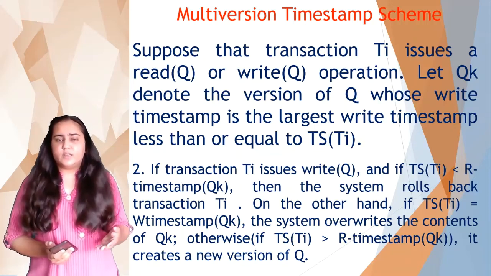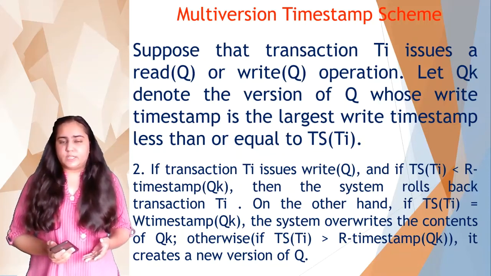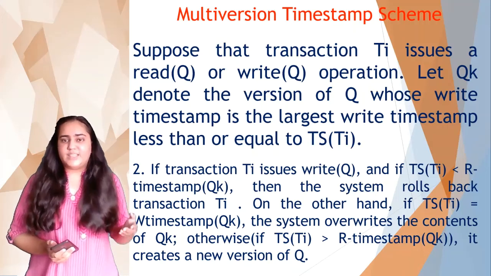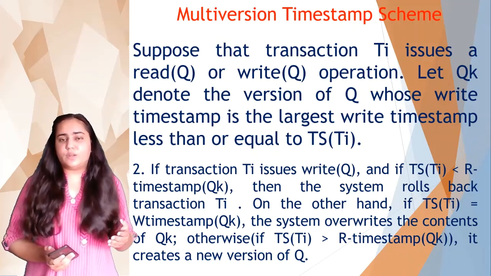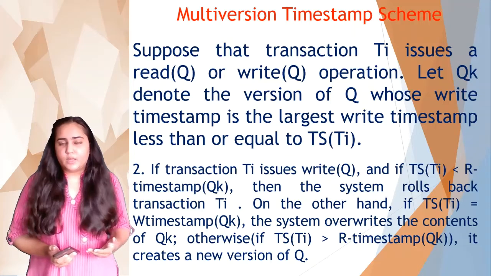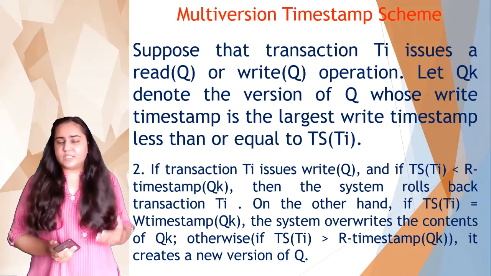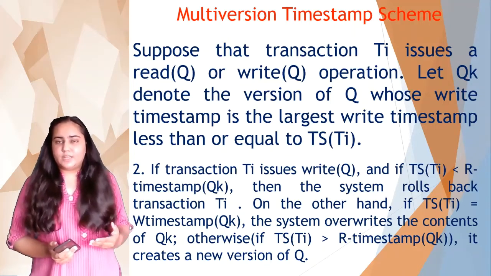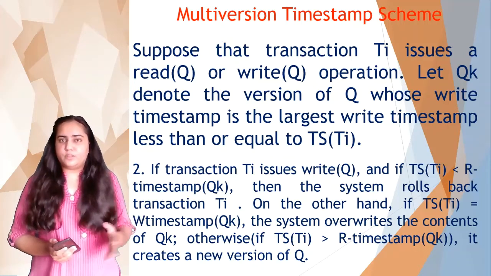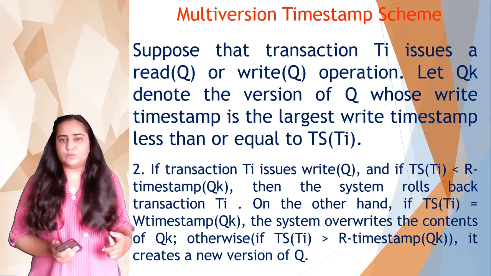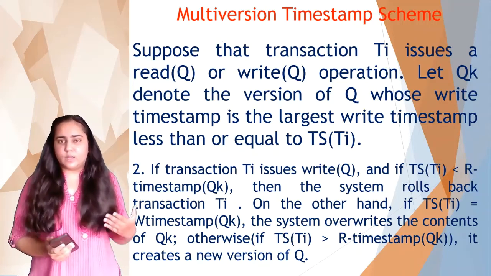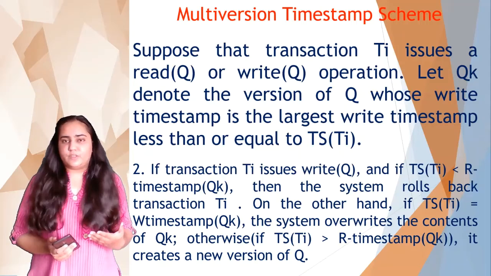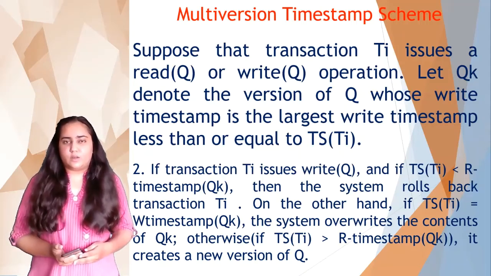And otherwise, the third possibility is if the timestamp of Ti is greater than the R timestamp of QK, then in this case, the system will create a new version of Q, because Ti is a transaction that has appeared after all the transactions that have modified Q have finished. So there is no need for Ti to wait. It needs to create a new version of the data item Q and start working on it.